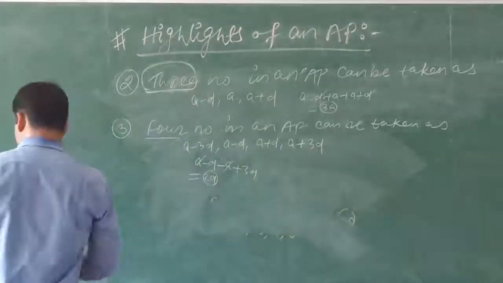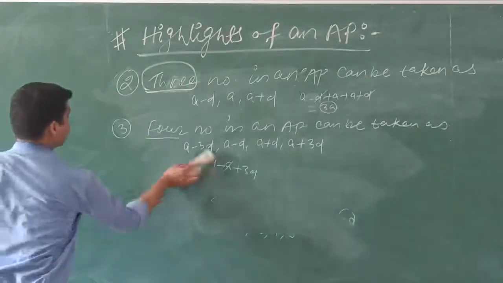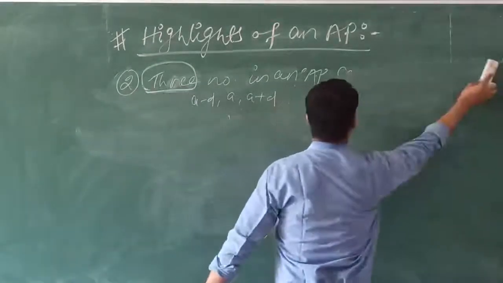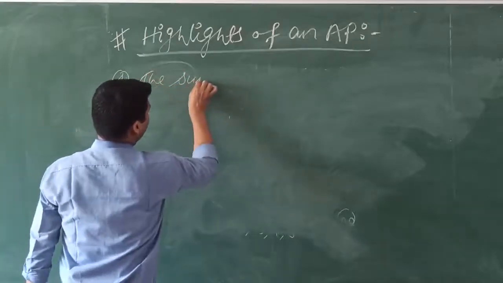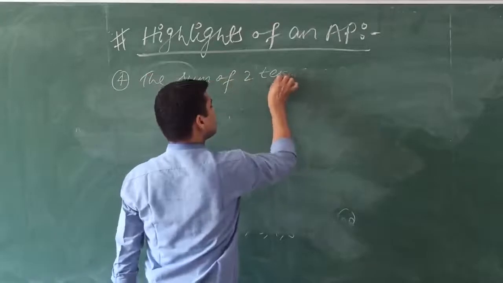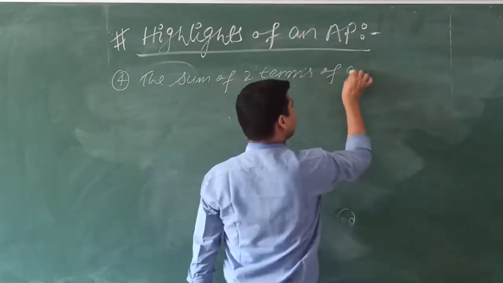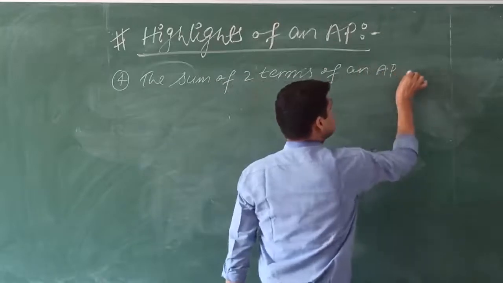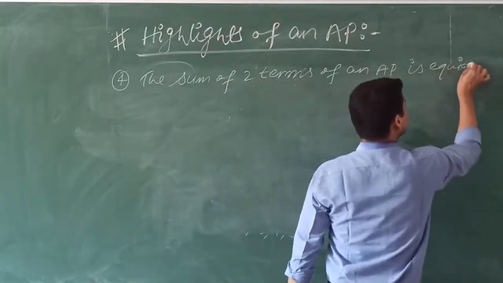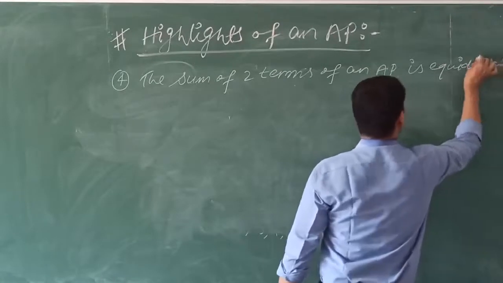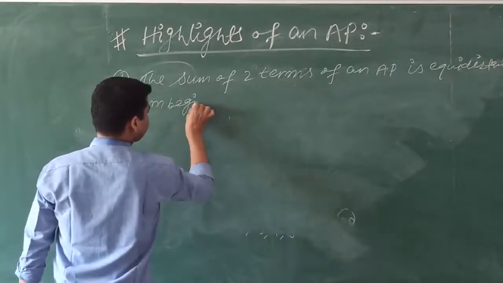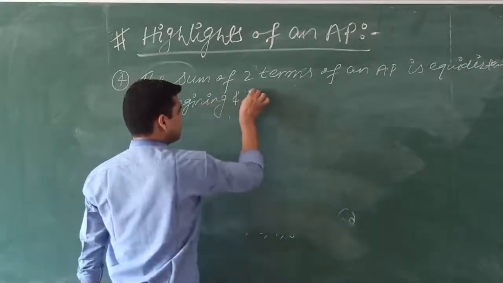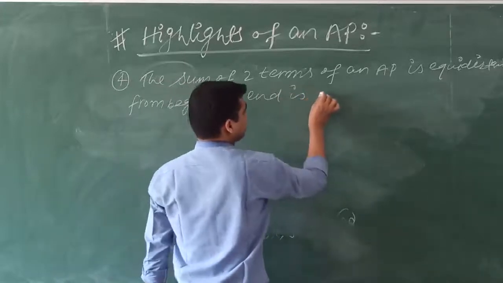So the next point is point number 4: the sum of the two terms of an AP, equidistant from the beginning and end, is constant.